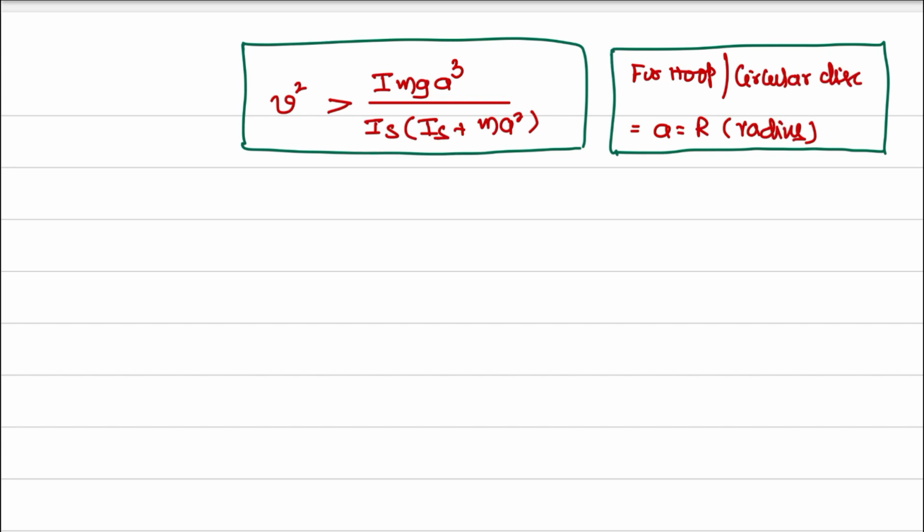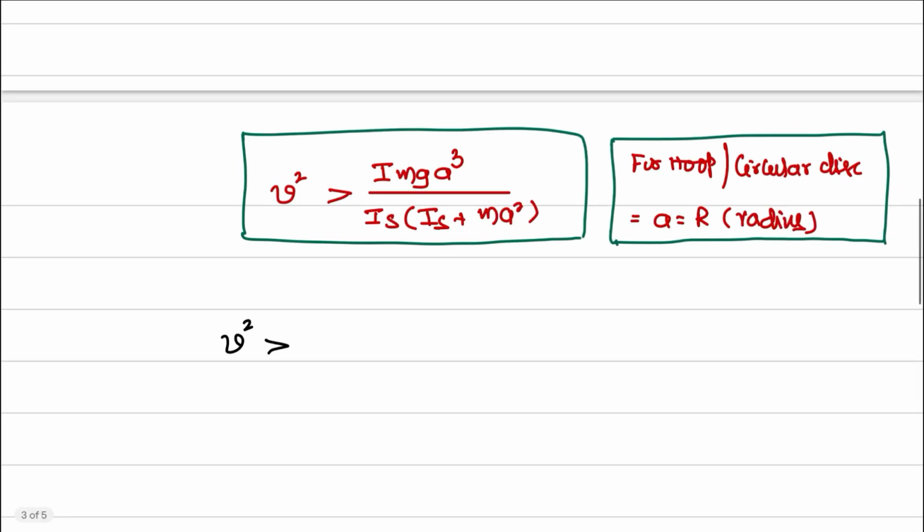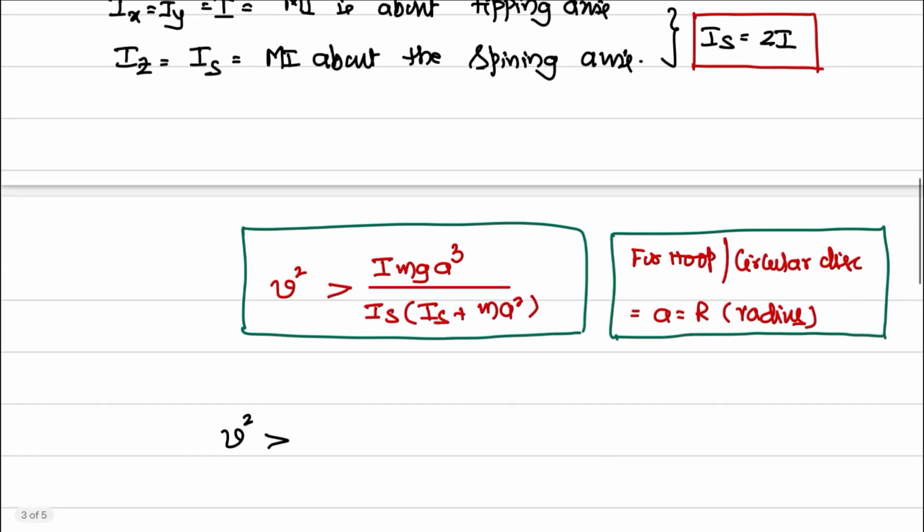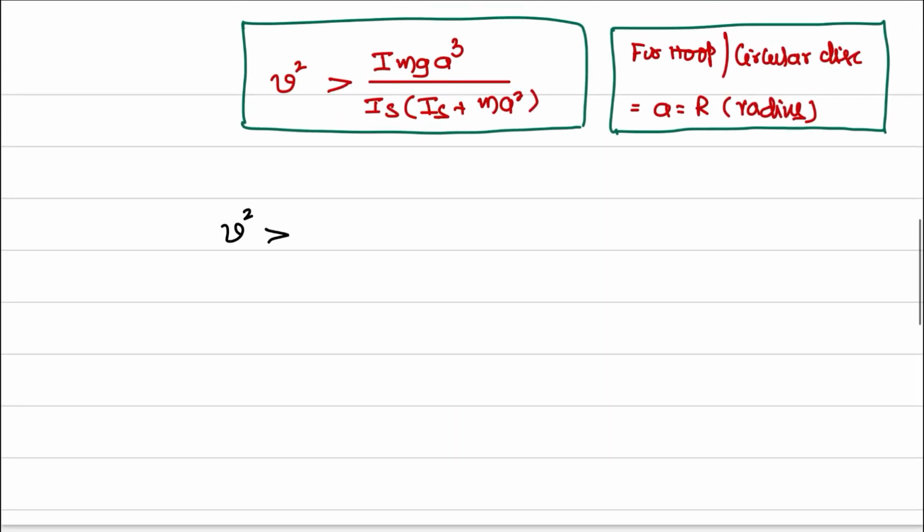Now, what happens to this? V square should be greater than, I is how much? Half mr square, A is R. So I is equal to half mr square, into mg into A, which is R cube, whole divided by, what is Is?